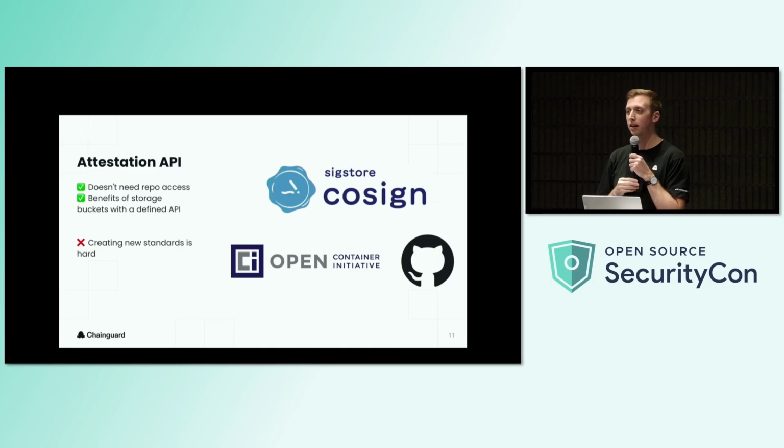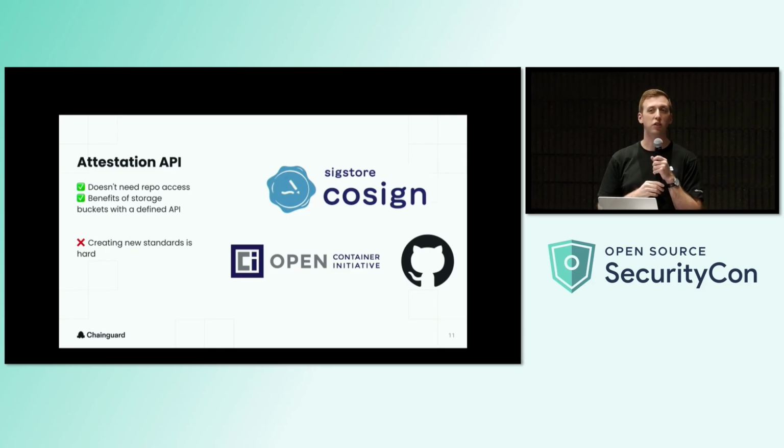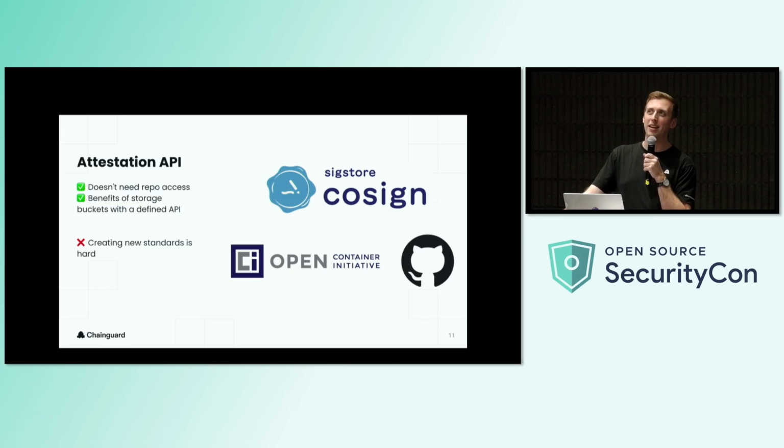GitHub has actually already taken steps towards this. So as part of their Sigstore integration, they launched an attestation API. However, there are some limitations there. I was trying to put a demo together for this talk, and I discovered that they only allow identities from GitHub itself to upload to the attestation API.